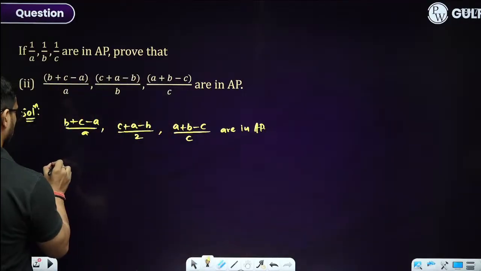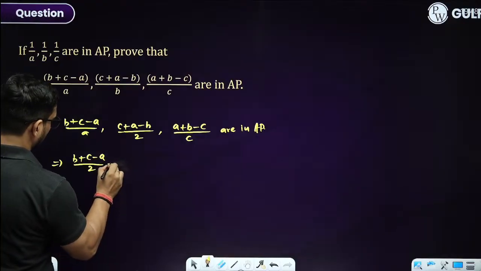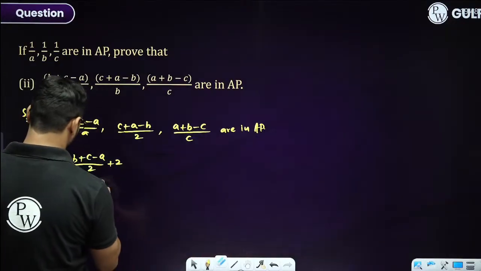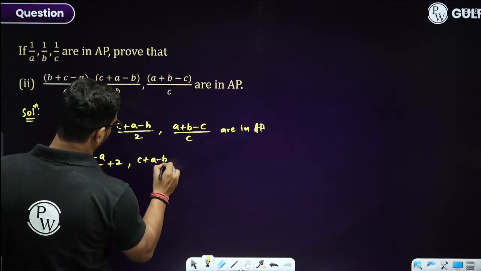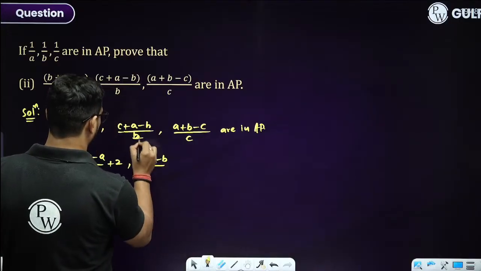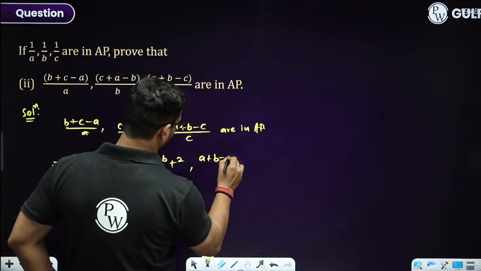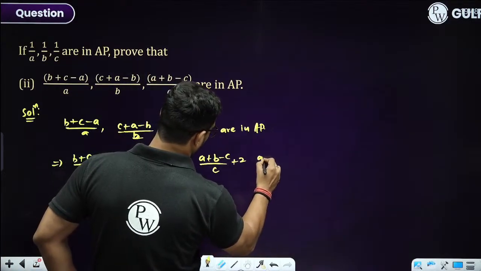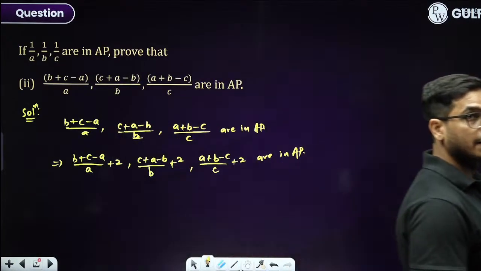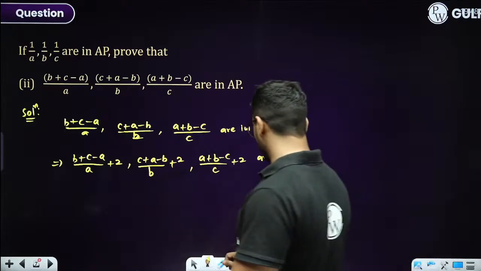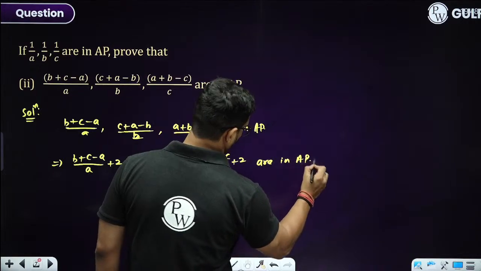What if I do this: (B plus C minus A) by A plus 2, (C plus A minus B) by B plus 2, and (A plus B minus C) by C plus 2 are in AP. Can we do that? I am adding 2.